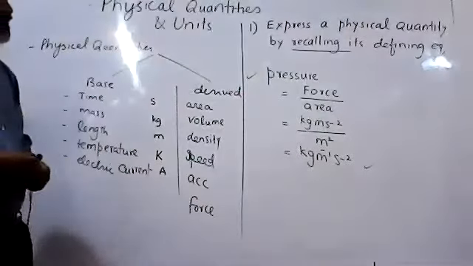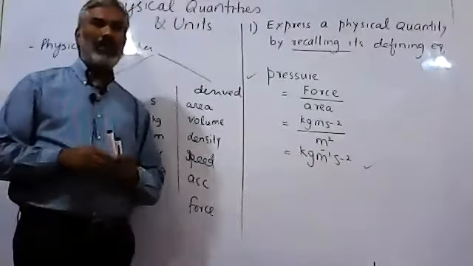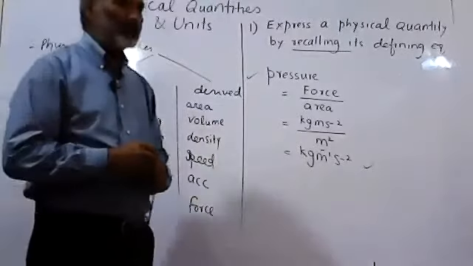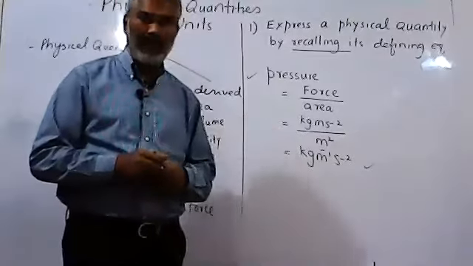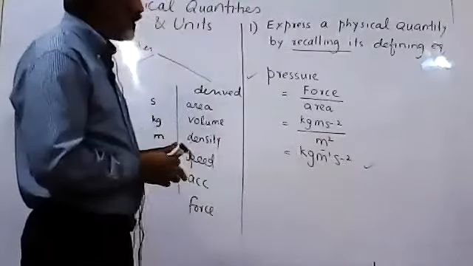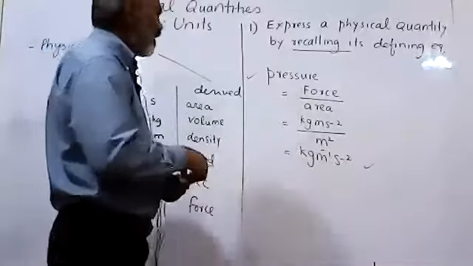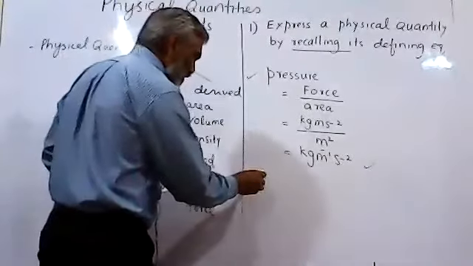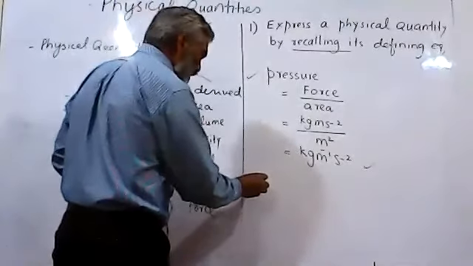The second type of questions were those in which an equation is already given and there is an unknown quantity that you have to identify, and you don't have to recall any defining equation in it. For example, what is this relationship?